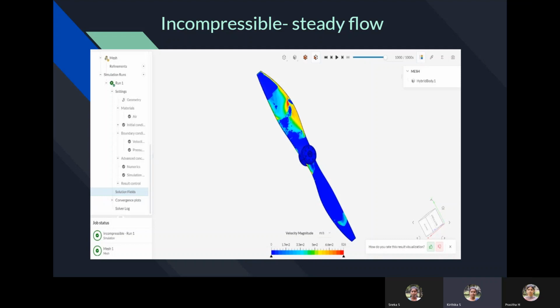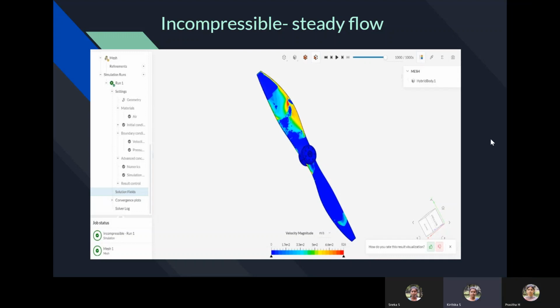We created the MRF rotating zone in SimScale up to 6000 RPM. Why we created the MRF rotating zone up to 6000 RPM is that at 6000 RPM the propeller gives the best efficiency, above which the efficiency of the propeller is less.